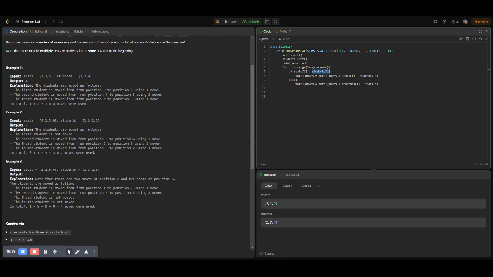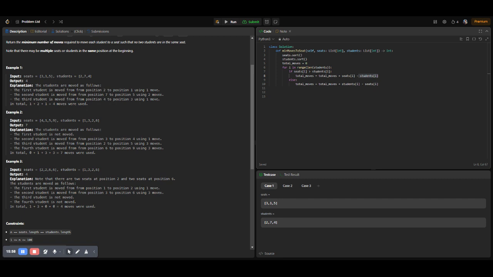So I wrote this just to add up the total moves. Seat position 4 minus student position 2, so we have 2 here. 2, and 5 minus 3 is also 2. 2 plus 2 is 4, and 9 minus 6 is 3.